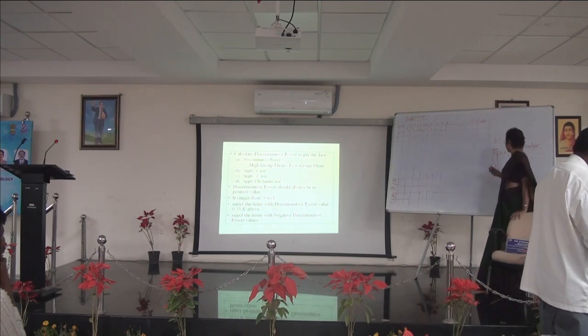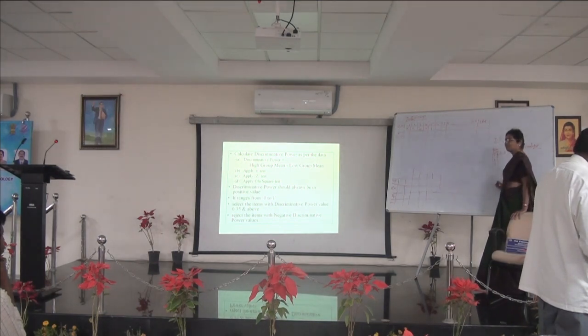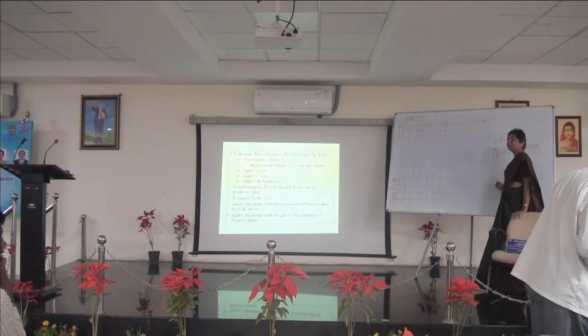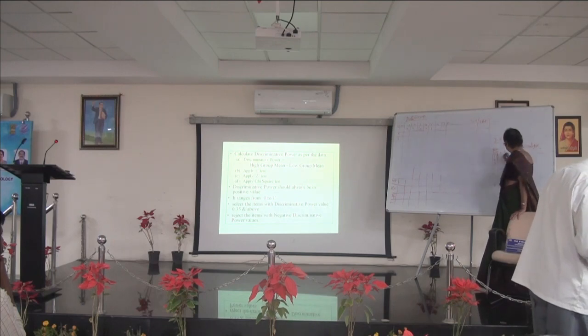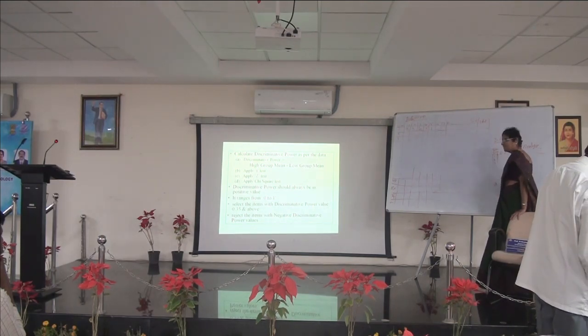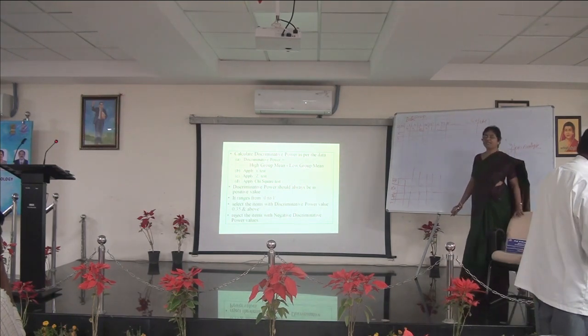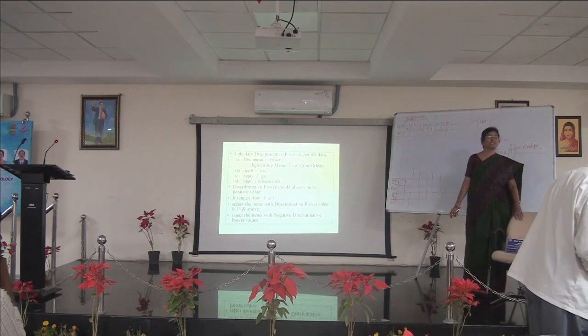Item 1, item 2, and up to how much should I go? Up to 50. And see the DP value and the T value.